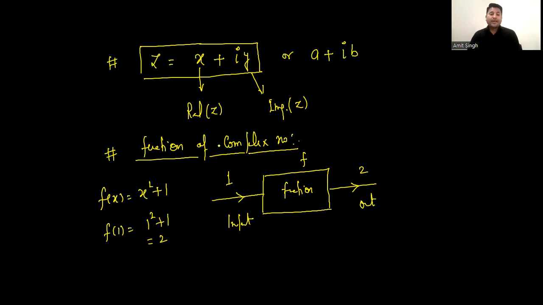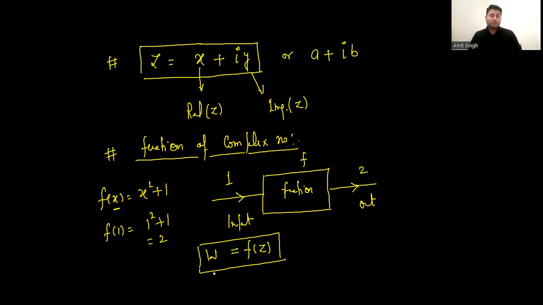Now here, we are talking about a function of a complex number. If x is a real variable, we call it a function of a real number. But if, in place of f of x, I take the variable z, then this is known as a function of a complex variable, and it is denoted by w, a new variable.